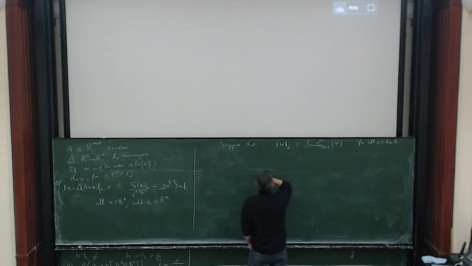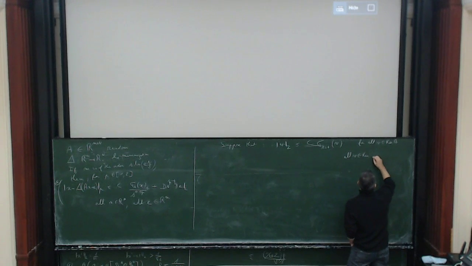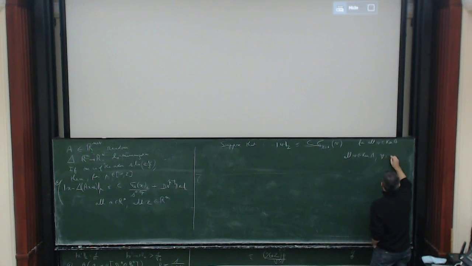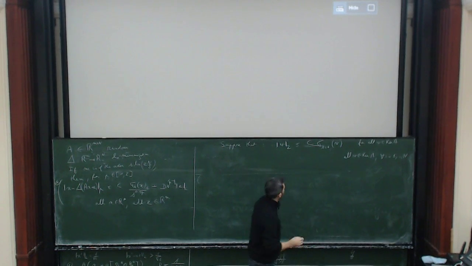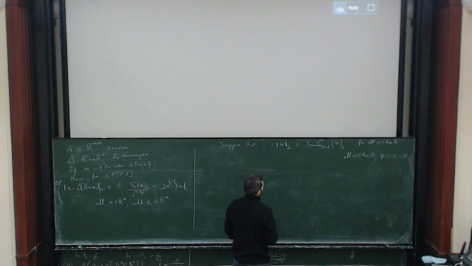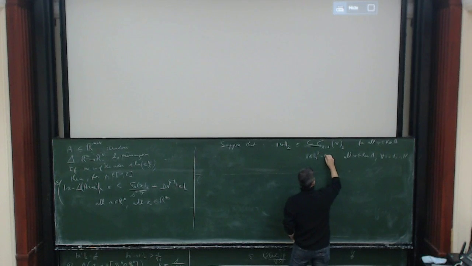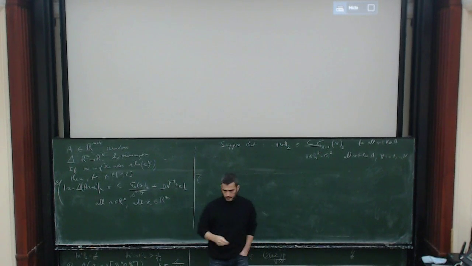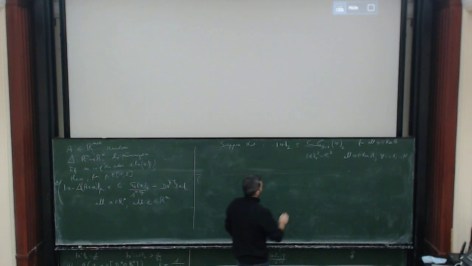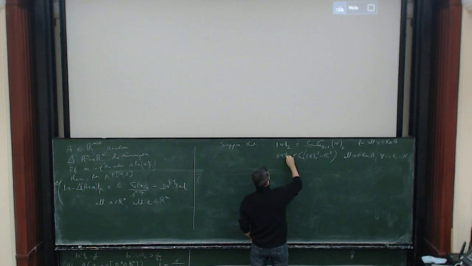So let's rewrite this a little bit. If I write, for all V in the null space of A, and for all index i from 1 to N, sigma_S of V, in L2 norm. When I take the square, I will get that it's smaller than the norm of V squared minus V_i squared.